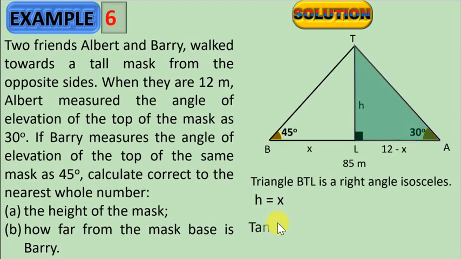Tan 30 degrees will give me h over 12 minus x. Now, remember that h is equal to x, so we can actually replace any of them. So that will give me x over 12 minus x. Remember, h is equal to x. That's why I replace h here by x. So now, having done that, we'll move to the next slide for the final solution.